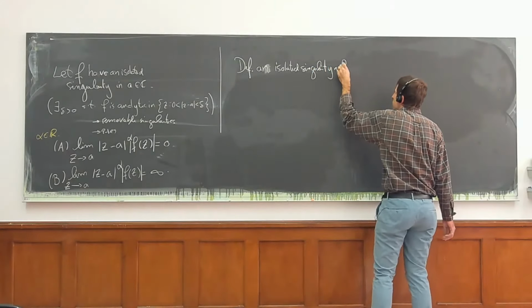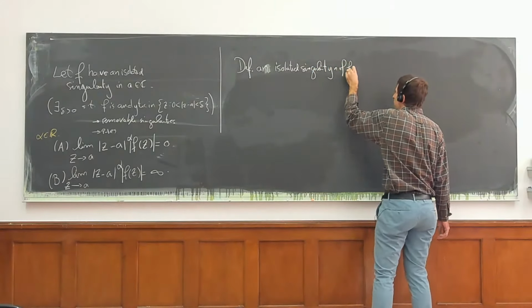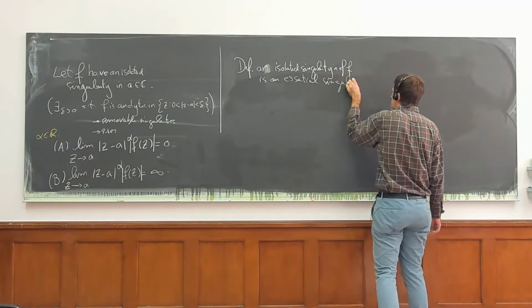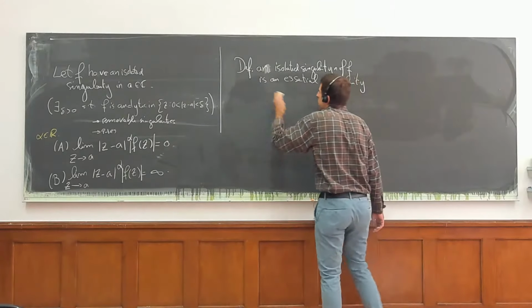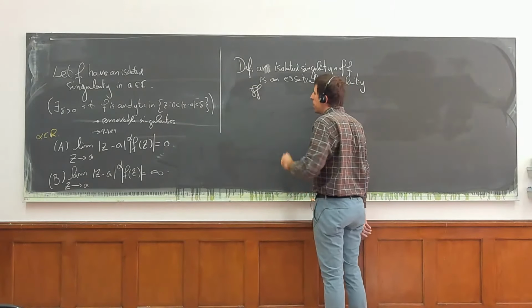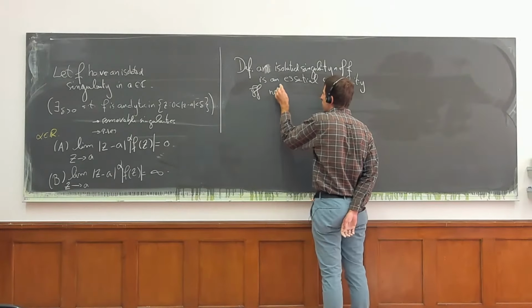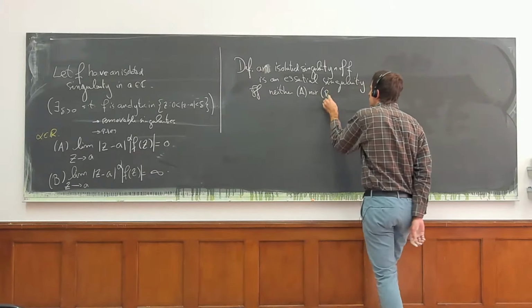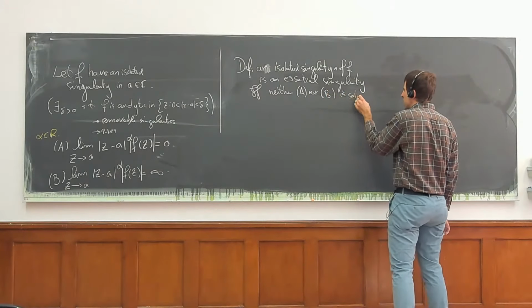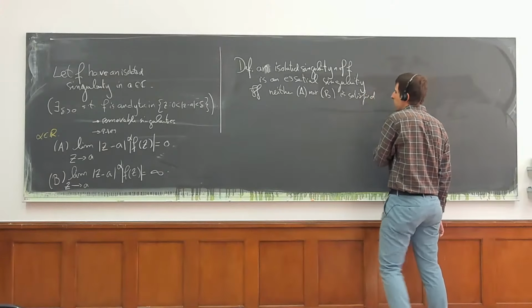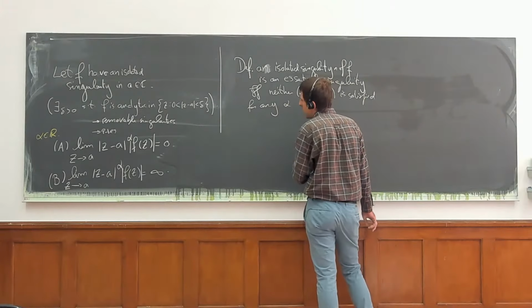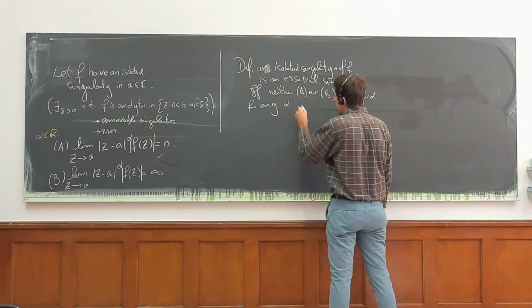A of f is an essential singularity if and only if neither A nor B is satisfied for any alpha real.